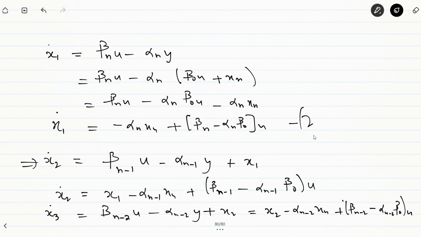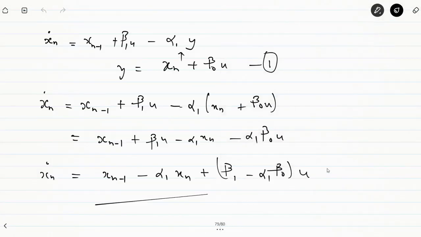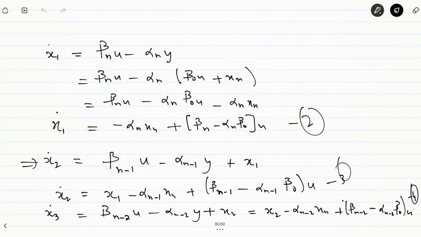So now let's put these in. This is equation number 2. This is equation number 3. This is your equation number 4. This is equation number 5. Let's put them in the state space form.